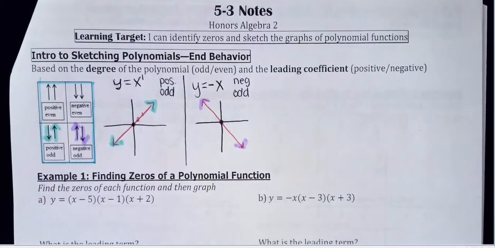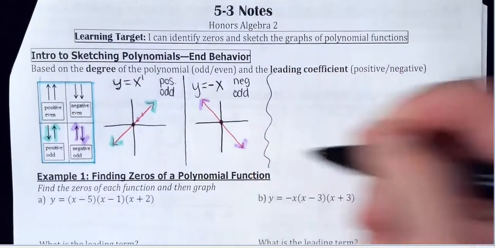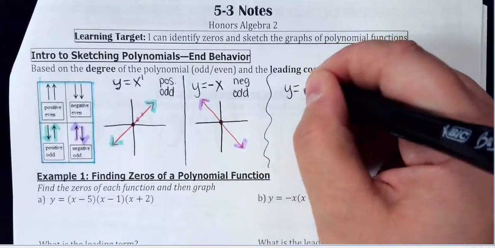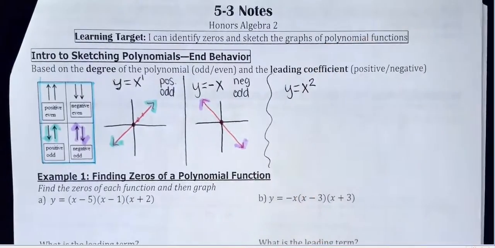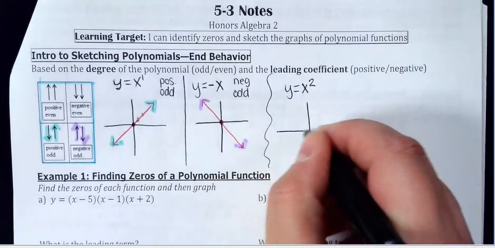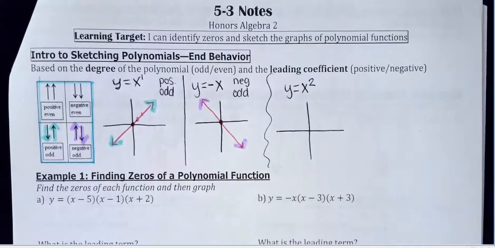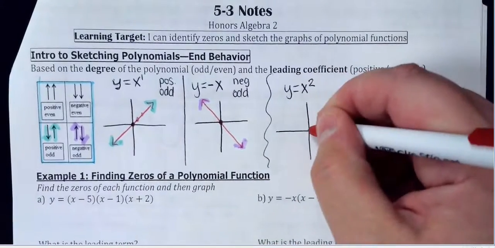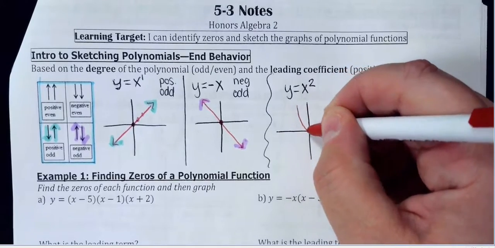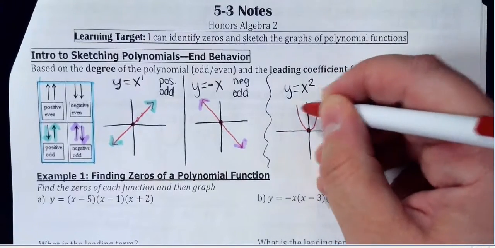Okay, now the other two possibilities are when your degree is even. Just the most basic I could think of, let's just do y equals x squared, right? We just got done doing quadratics, so I know you guys remember how to do this. I hope you remember how to do this. So 0, 0 would be my vertex there, and I'm just going to sketch a picture of a parabola. Hopefully that looks decent.